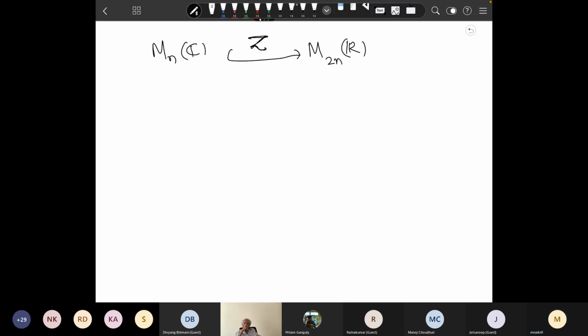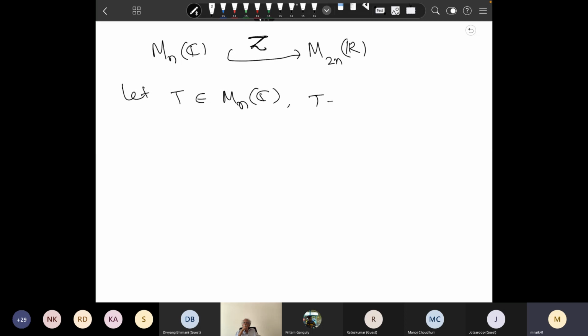So M_n(C) sits inside M_2n(R). Suppose I call this mapping Z. Let T belong to M_n(C).